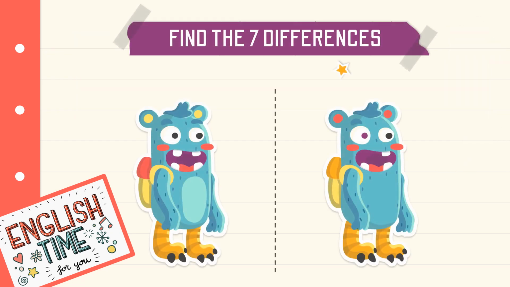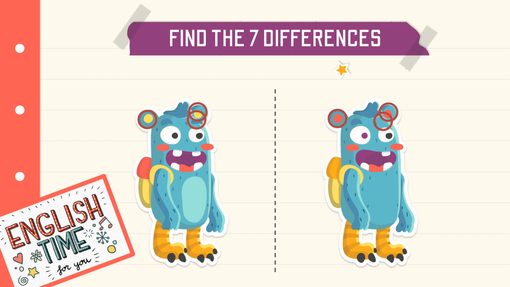5. Can you find the 7 differences of these two monsters? Let's see. The first difference is the color of the earlobe. And the second difference is still the color of the earlobes. And the third difference is this, the left eyebrow. The monster on the right is missing the left eyebrow.